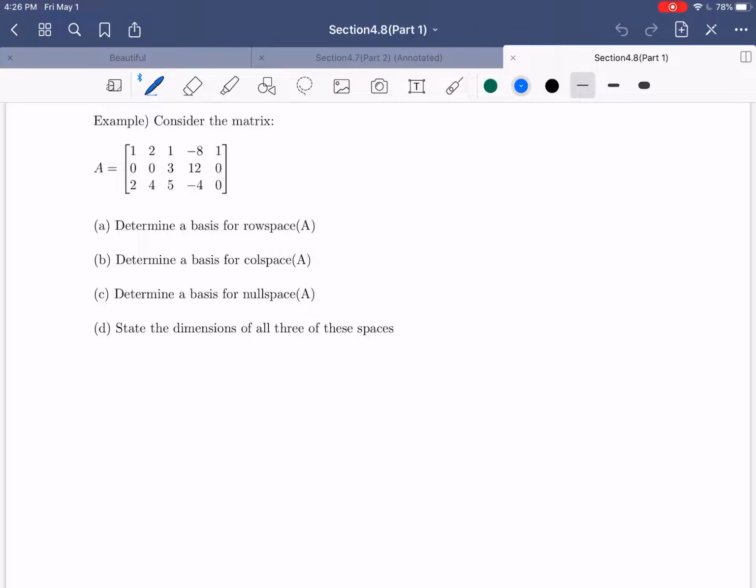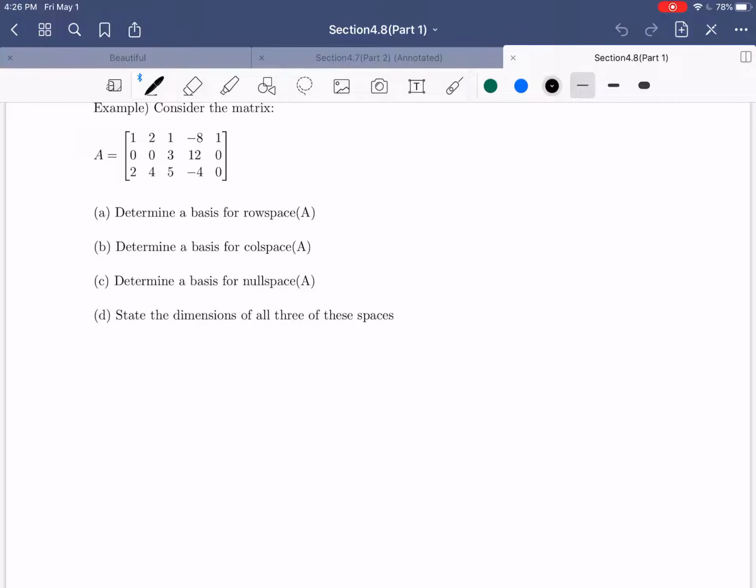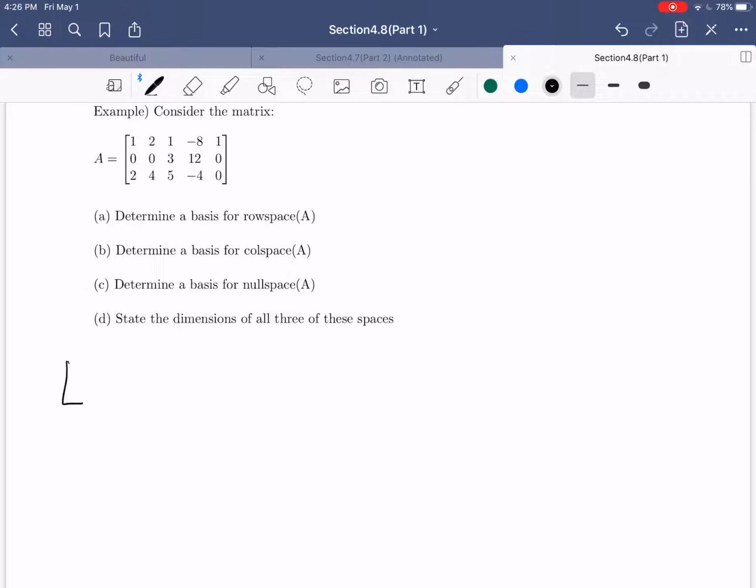Okay, so let's start by trying to find a basis for the row space of A. So what we're going to do is start with our matrix 1, 2, 1, negative 8, 1, 0, 0, 3, 12, 0, 2, 4, 5, negative 4, 0. So we've got to put this into row echelon form. Let's start by taking R3 and replacing R3 with R3 minus 2R1.